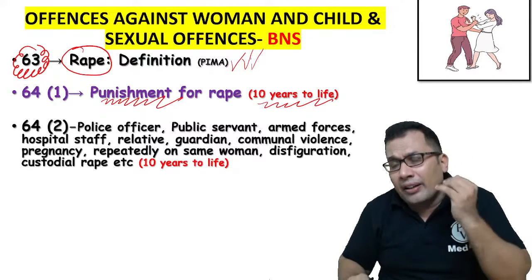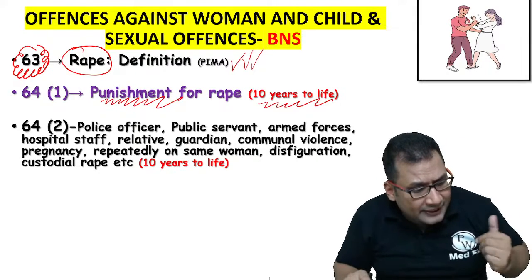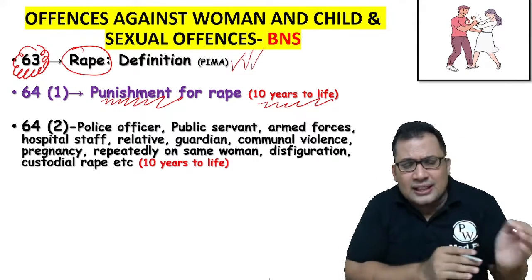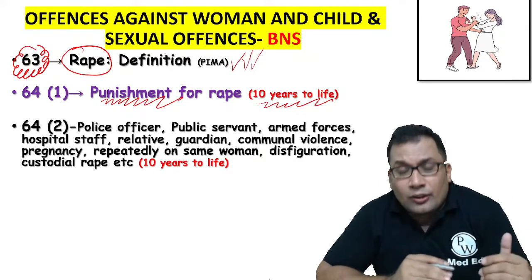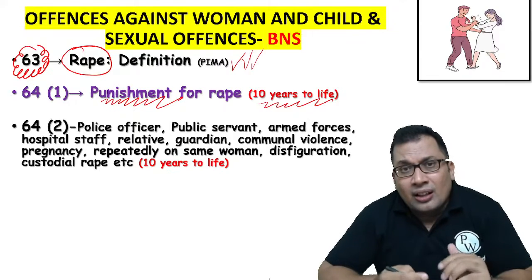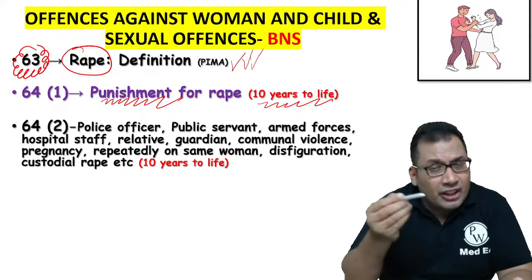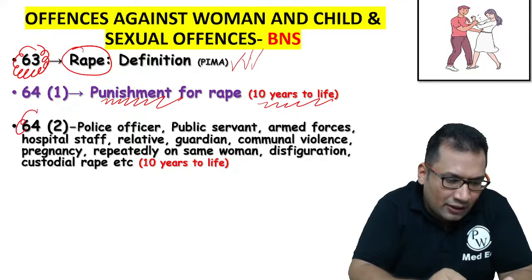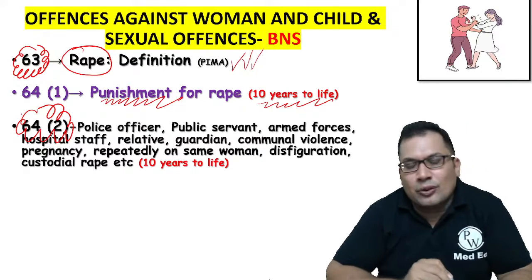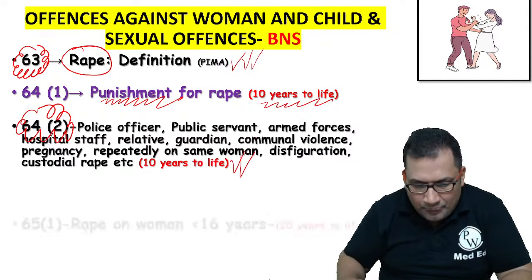64.2: when rape is committed by a police officer, public servant, armed forces, hospital staff, relative, guardian, during criminal violence, on a pregnant woman, or repeatedly on a woman, or with disfiguration, or custodial rape. All this, which we used to study as 376.2, now comes under 64.2. The punishment is again life imprisonment.